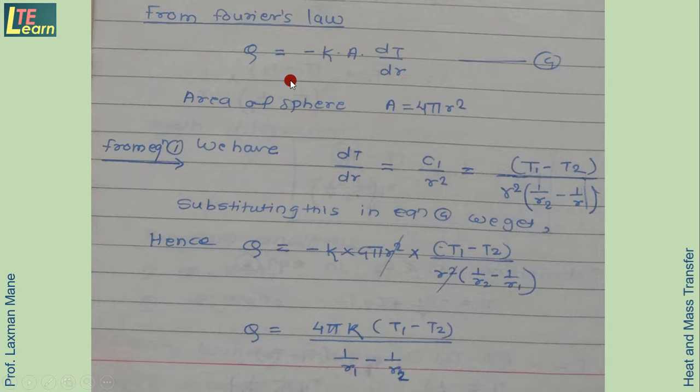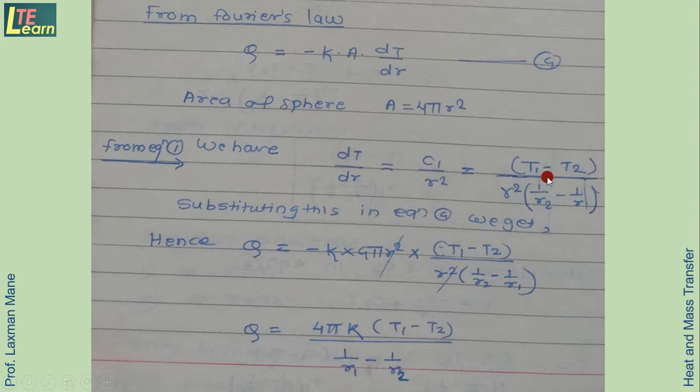Now as in the earlier case, Q is equal to Fourier's law. Here the area for the sphere is 4 pi r square, that is the surface area. So dT by dr is equal to C1 upon r square, that is from equation 1 already we have this. Now again this C1 term we got, that we write here.